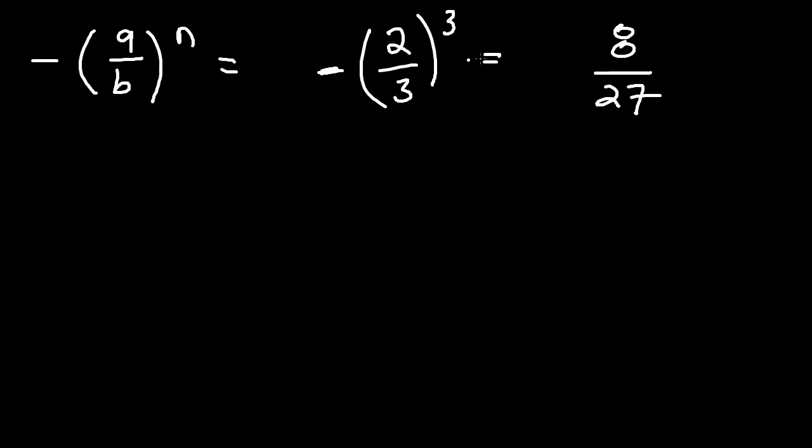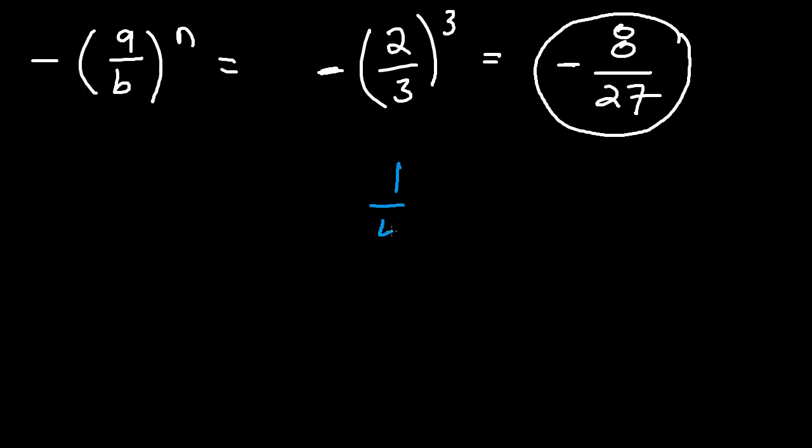And then since we have a negative, we just put a negative in the front. So our answer now is just negative 8 over 27. So whenever you have a negative in the front of a fraction like this, well, you just compute this part first. So 2 over 3 to the power of 3, and we get 8 over 27, and then you just add the negative.